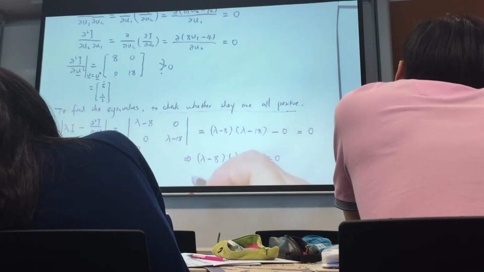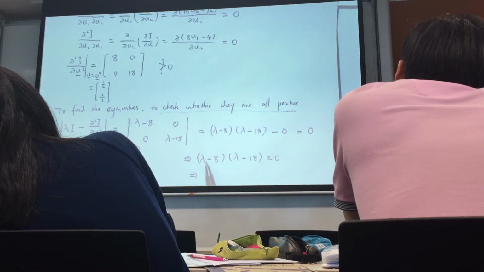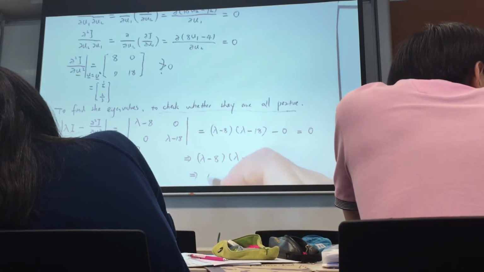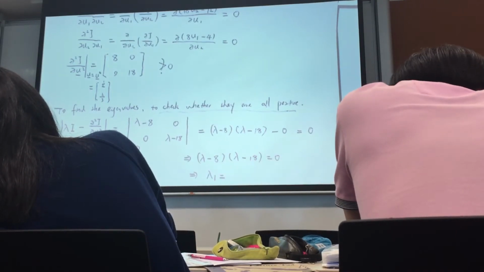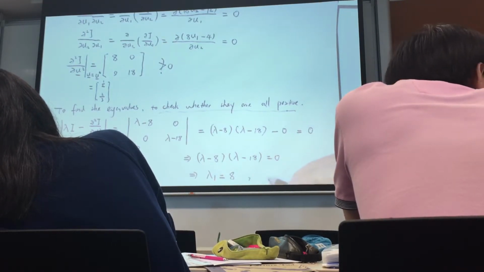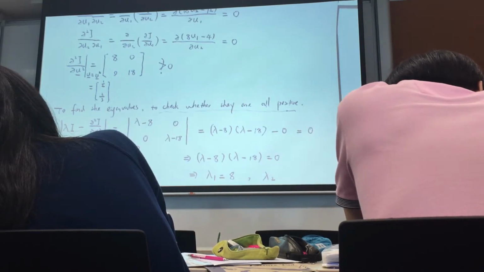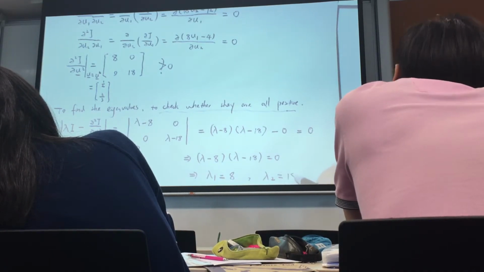To solve this equation, the first eigenvalue is given by the first component, which is 8, and the second eigenvalue is given by the second part, which is 18.